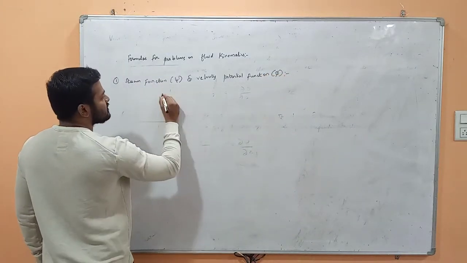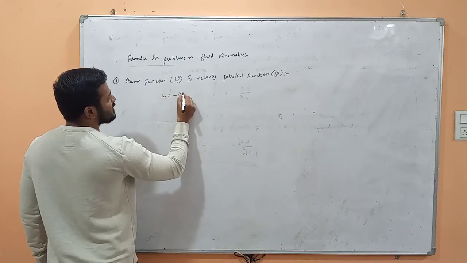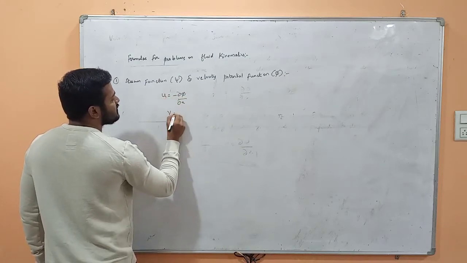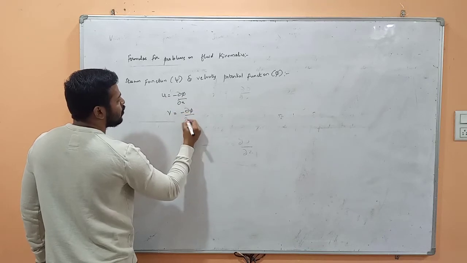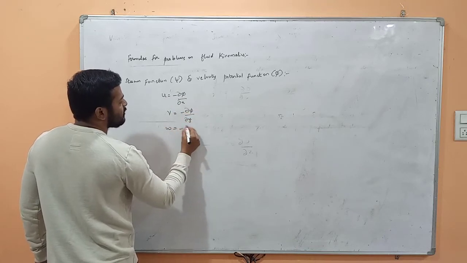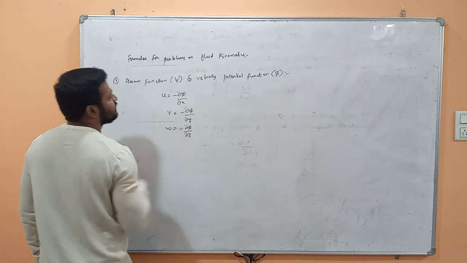What are the velocity potential function formulas? U is equal to minus dou phi by dou x, V is equal to minus dou phi by dou y, W is equal to minus dou phi by dou z.